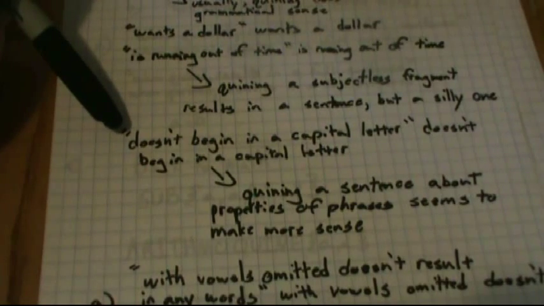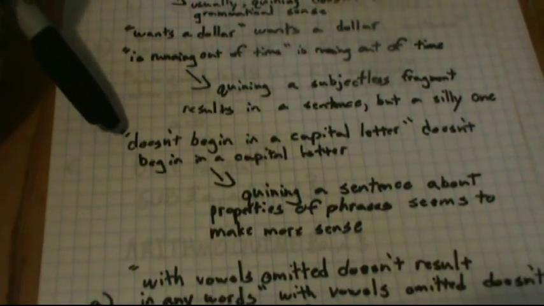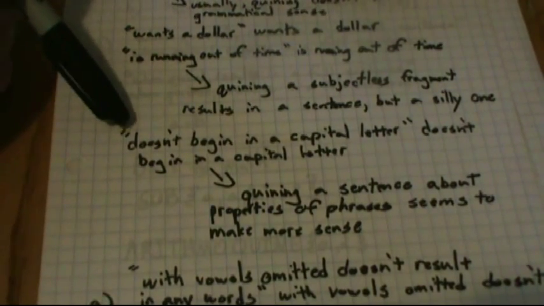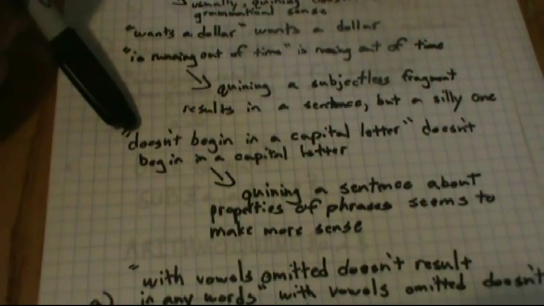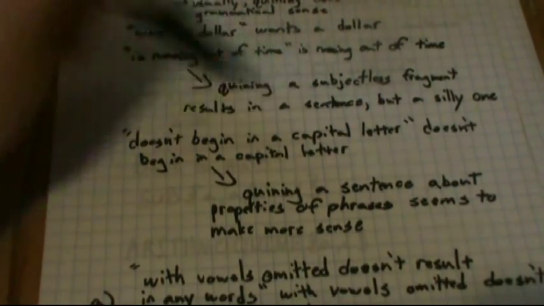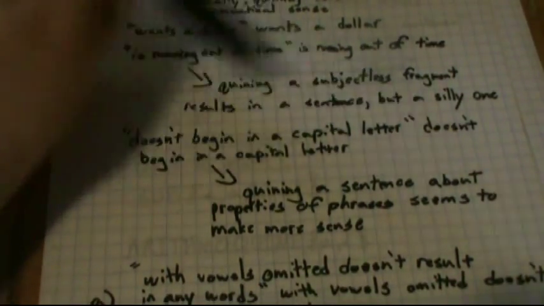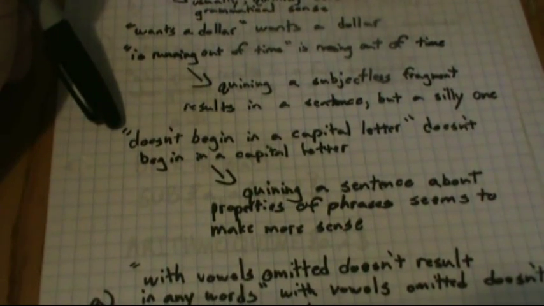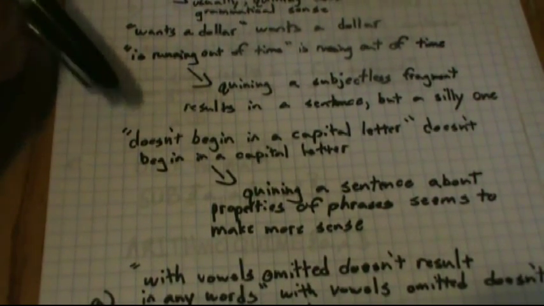Certainly we can tell whether a subjectless sentence fragment begins or does not begin in a capital letter. In this case, it's even a true sentence, since we look at the first letter, it's not a capital letter, and what we're claiming about this thing that we're mentioning in the quotation marks is that it doesn't begin with a capital letter. So that's true.